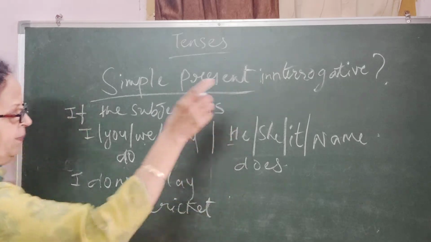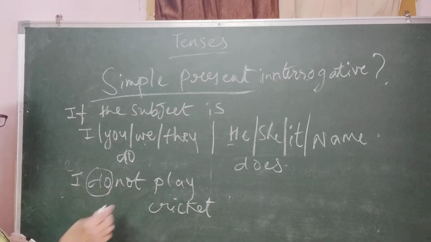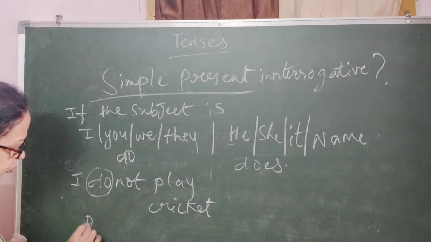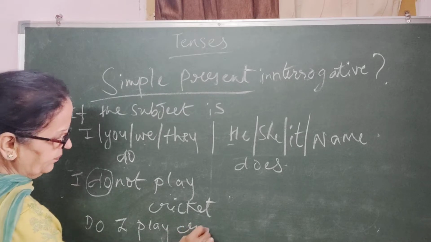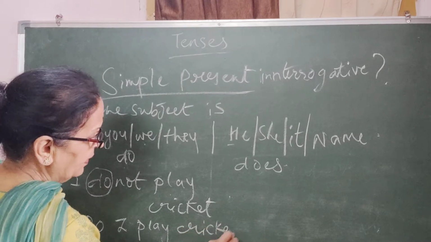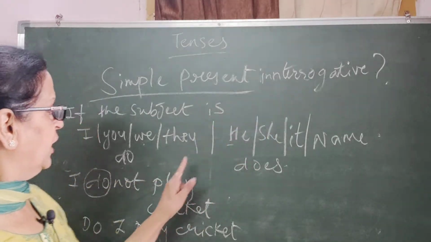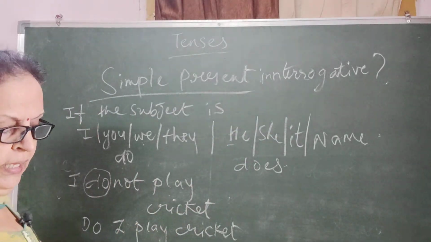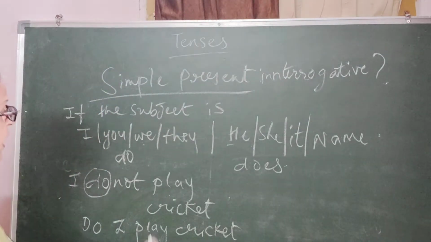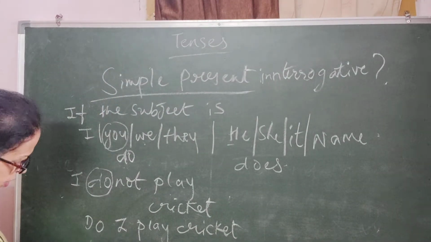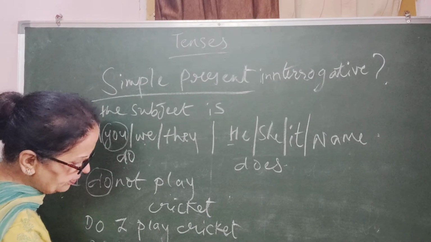But if I am coming down to interrogative, it becomes: Do I play cricket? This is the question form where your verb comes before the subject. If I want to write you, I'll write, do you speak English?